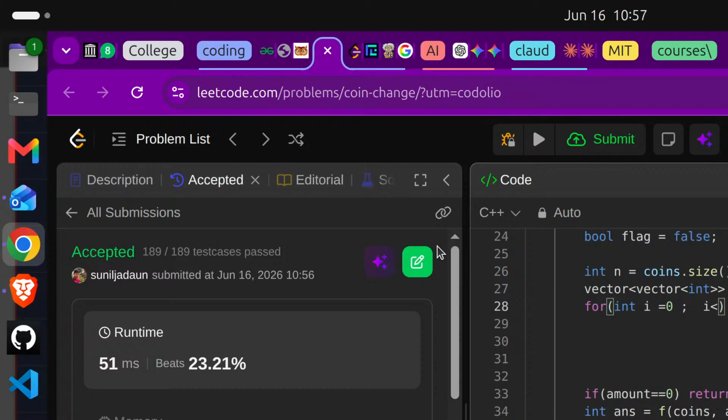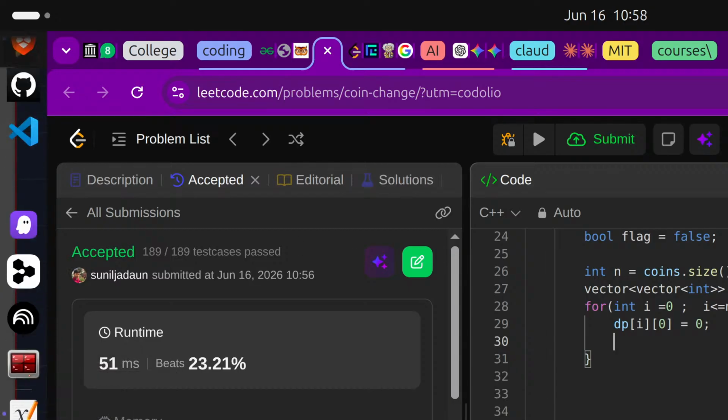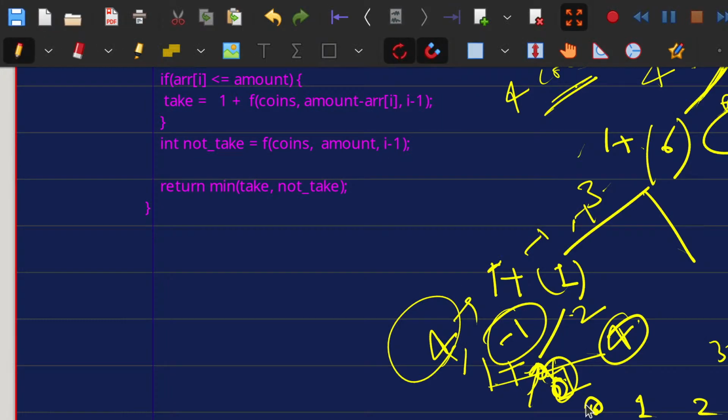I is less than or equal to n plus 1. dp of I comma 0, amount equal to always 0 answer, right? And next thing is what? Amount is 0, then 0. Also one more thing was, if amount is 0, all will be 0, right? And this line, let's say we have this, okay.